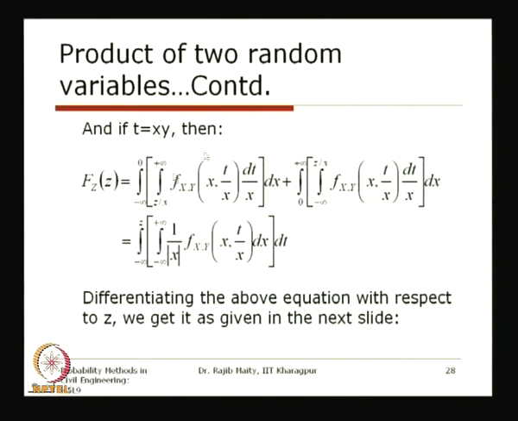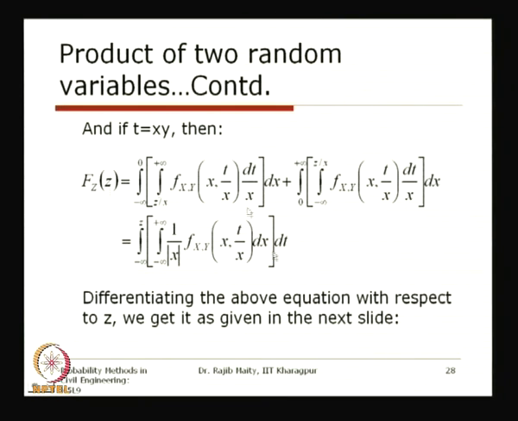If t equals xy, and we express in terms of t and do this integration, finally we get the final form: from minus infinity to z, and then the integration from minus infinity to plus infinity of 1 by mod x times f of x, y, the joint distribution expressed in terms of x and t by x, with respect to x, and the final integration with respect to t, so that it is expressed in terms of z only. That gives the distribution function for the random variable z, which is equal to xy, the product of x and y.